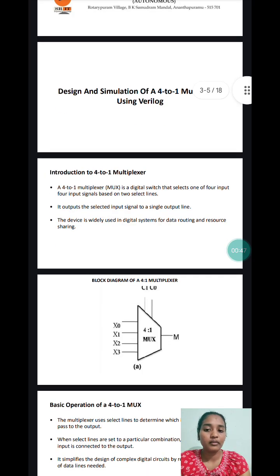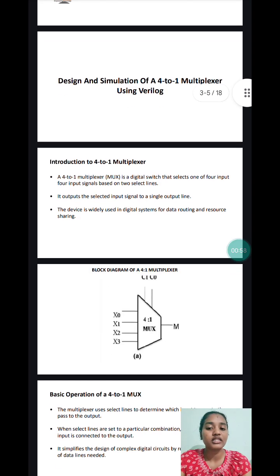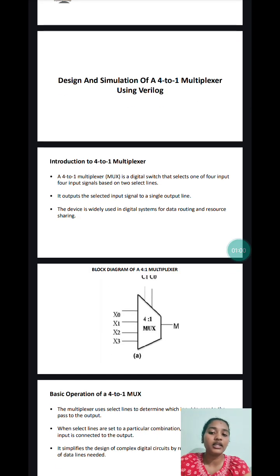A 4 is to 1 multiplexer is a digital switch that selects one of four input signals based on two select lines. It means by the name, in 4 is to 1 multiplexer, there are four inputs and one output, and it has two select lines.